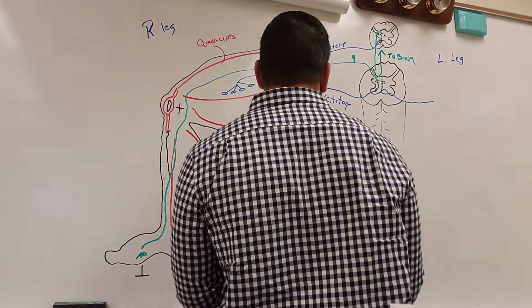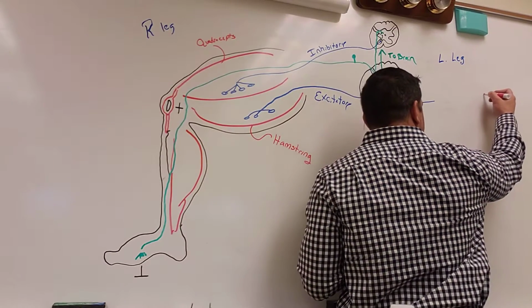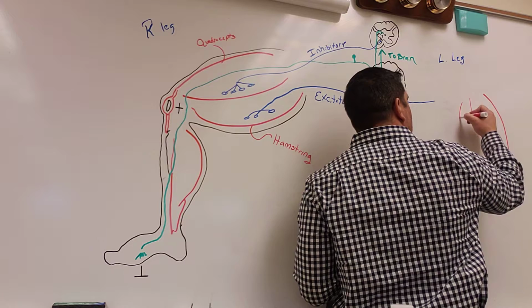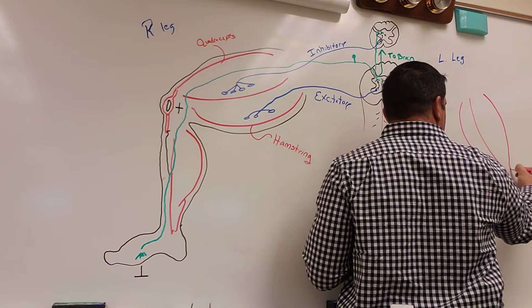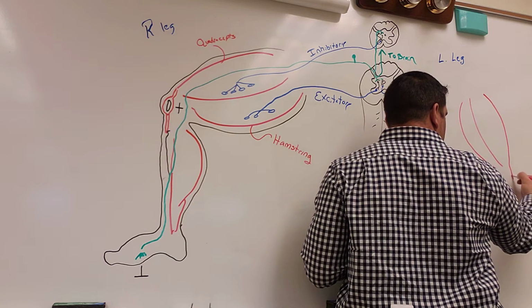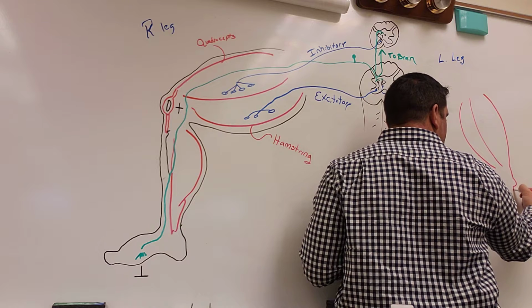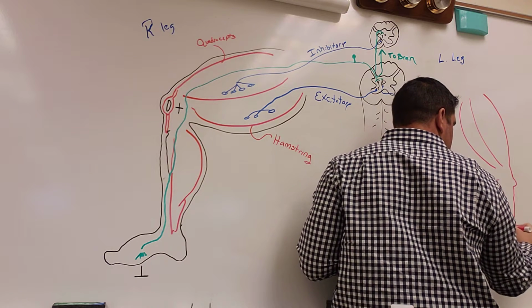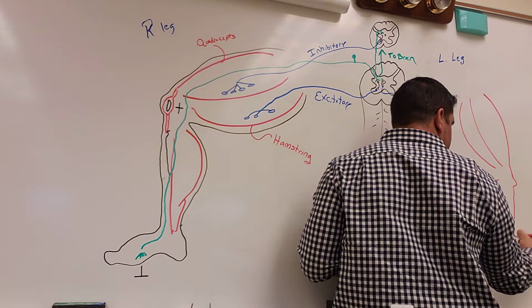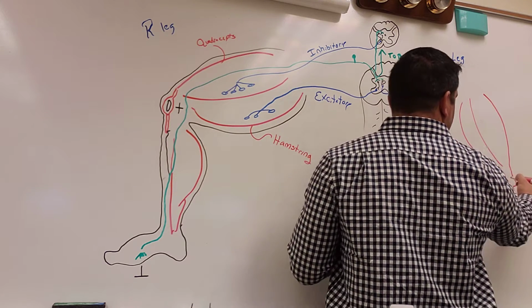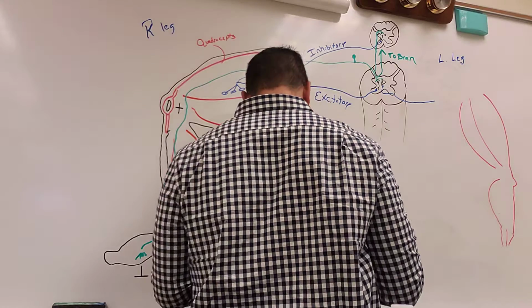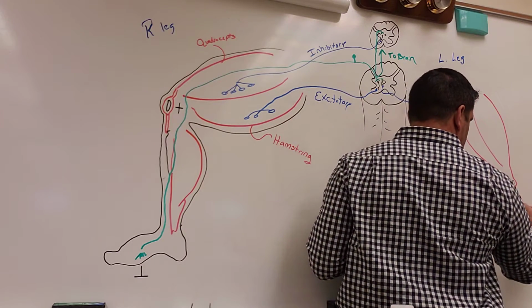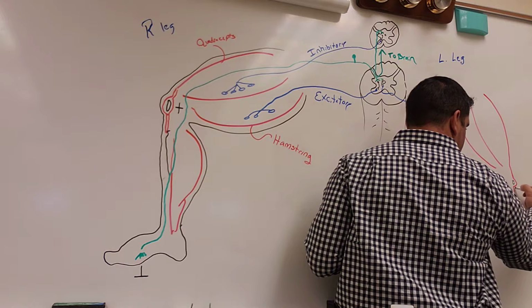So now, here's our quadricep. There's our hamstring. Here's our patellar tendon, our patella. Here's our gastrocnemius, soleus muscles. Patella. Tibia.